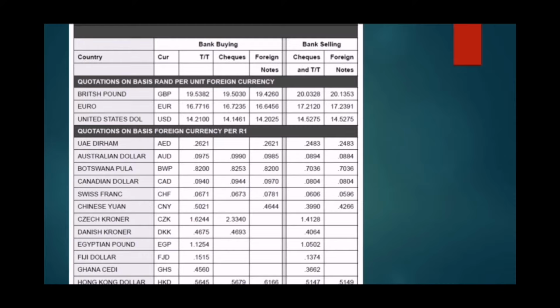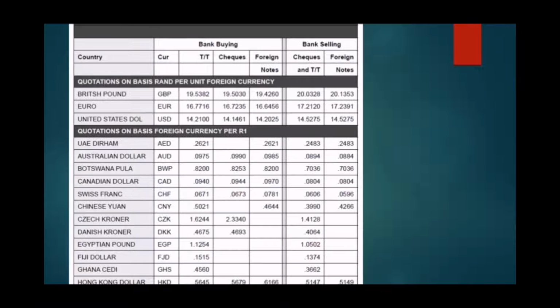So we can see the British pound in the first column under the bank selling rate. The ROE there is 20.0328. Now, it is important when you do the calculation to write the ROE as it is. Use the ROE as it is.